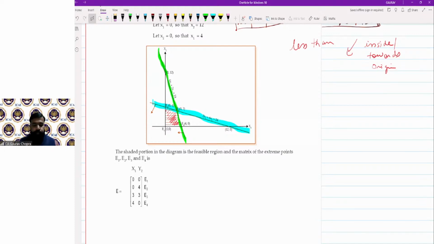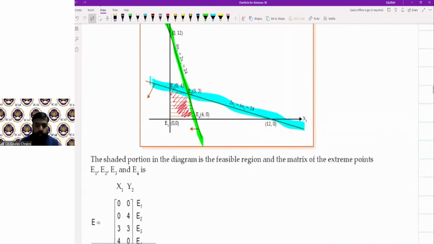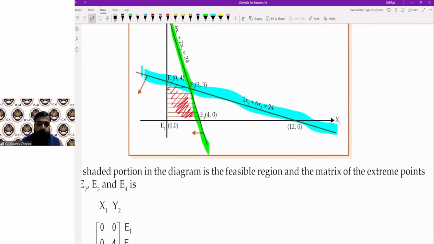No? So this becomes the shaded area. Now we have to find the coordinates of all these. So if we see this clearly, there are 4 coordinates now. 0, 0, 4, 0, 3, 3 and 0, 4.